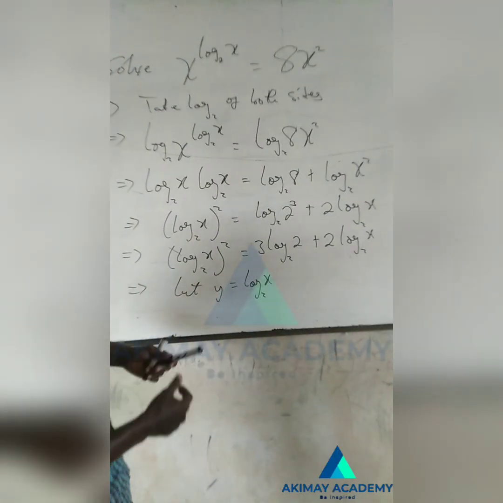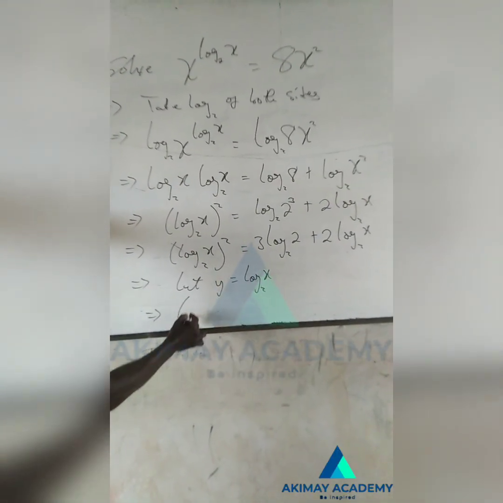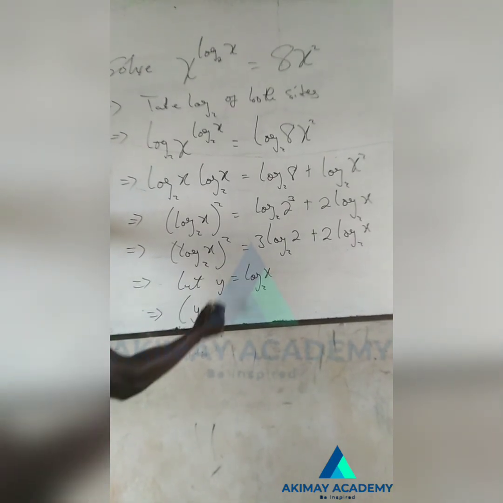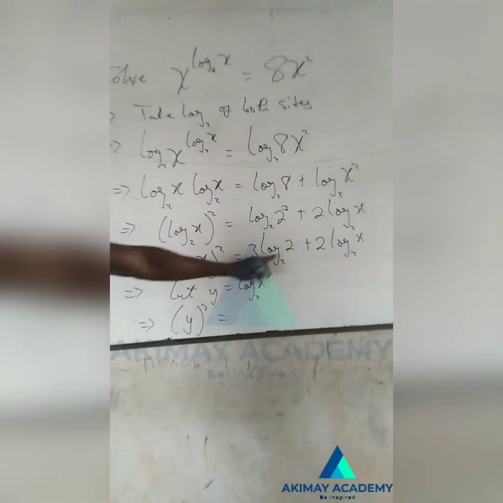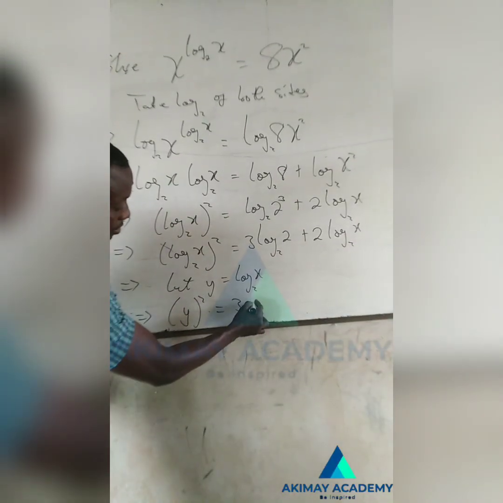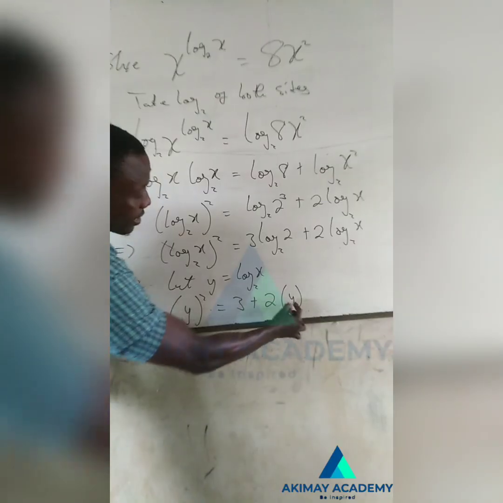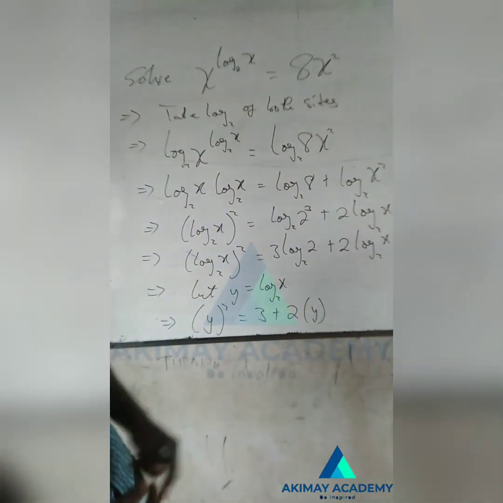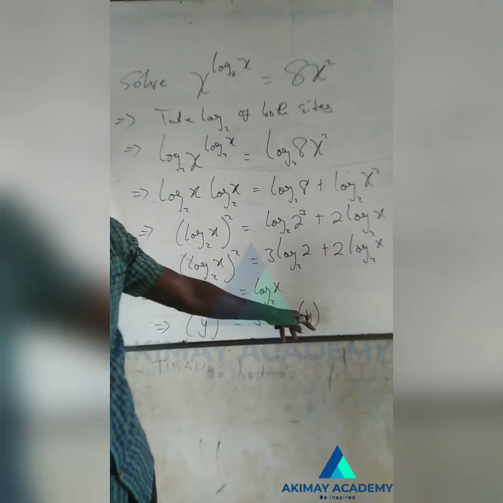So this is going to give us, in place of log x to the base 2, we put our y squared equals, so here will give us 1, so we have 3, then over there we have 2 multiplying y. So let's check it over. So here we are going to get y squared equals 3 plus 2y.